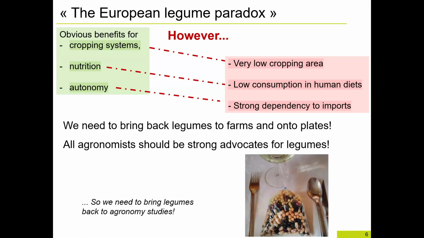Why is the situation as it is? And I was asking them in the final assignment, and I was quite happy to see that most of them were able to explain where are the lock-ins in the current situation, and why don't we grow more legumes if they are so great for many different levels.